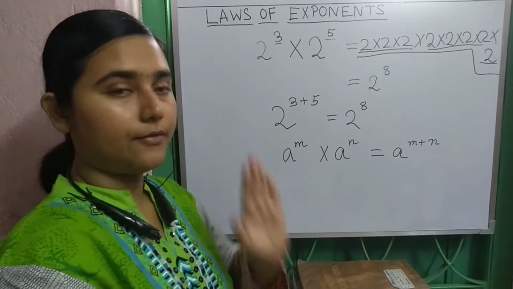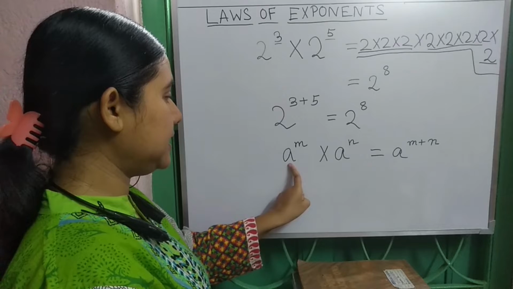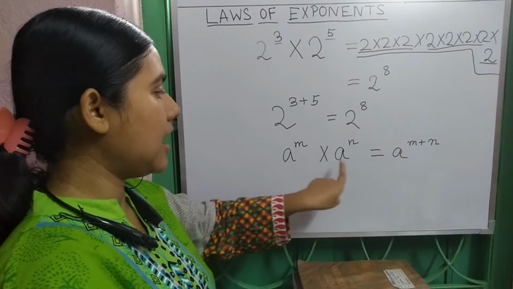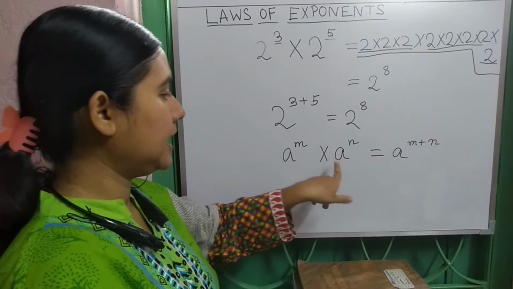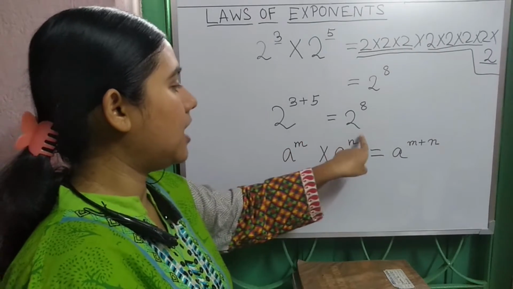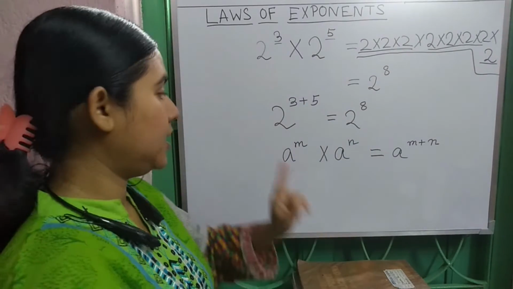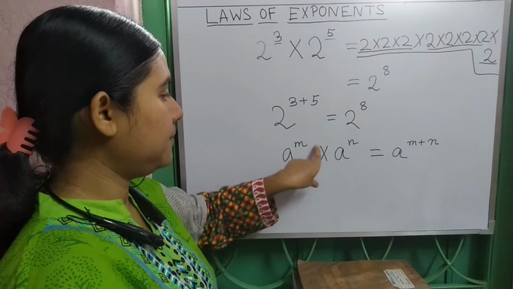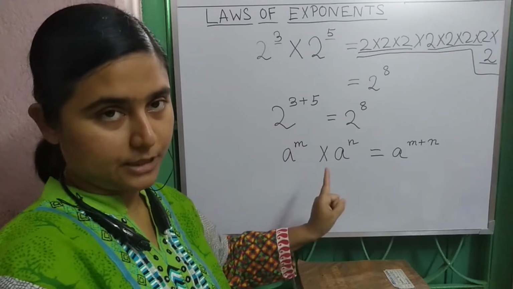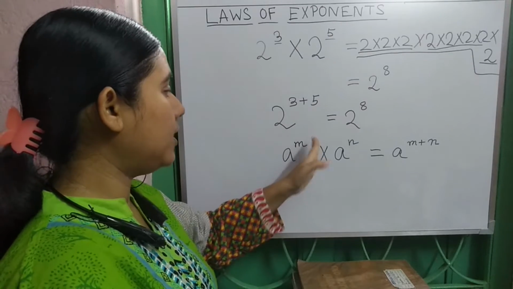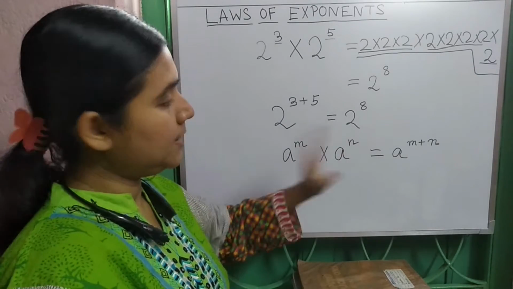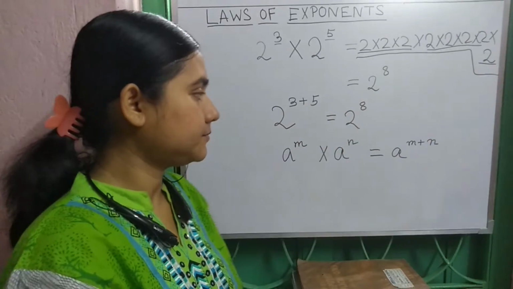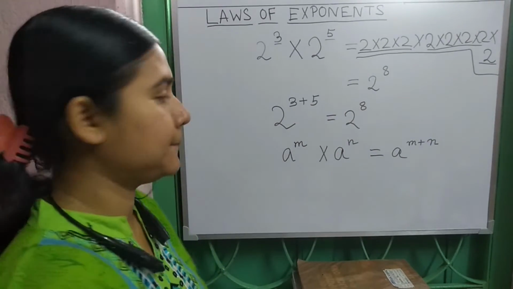In the starting you have to observe that the bases are the same, a, but the powers are not equal, and in between them there is a multiplication sign. The powers may also be equal, and then also we will use this formula.